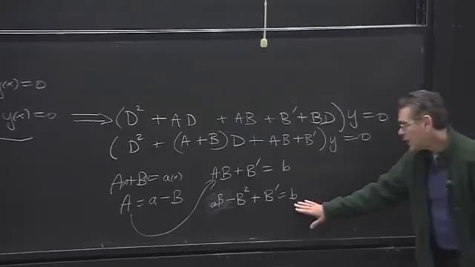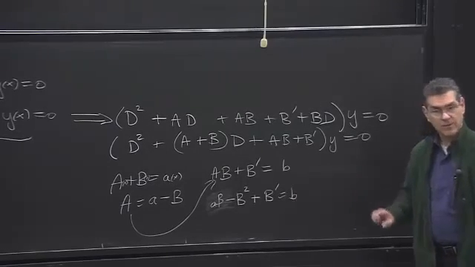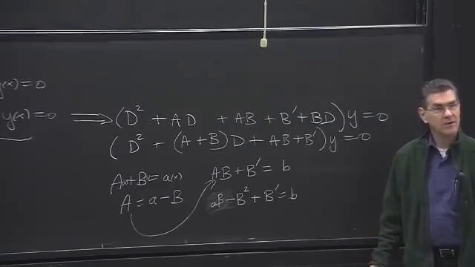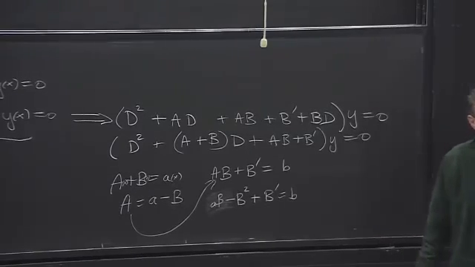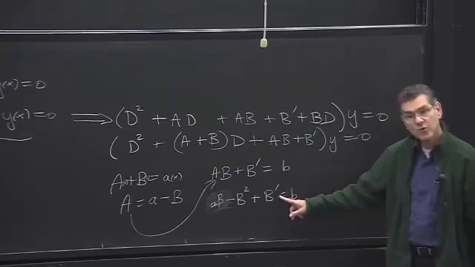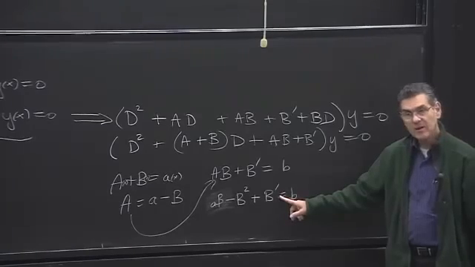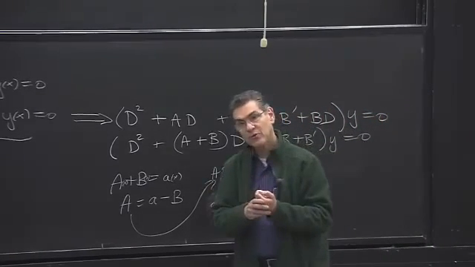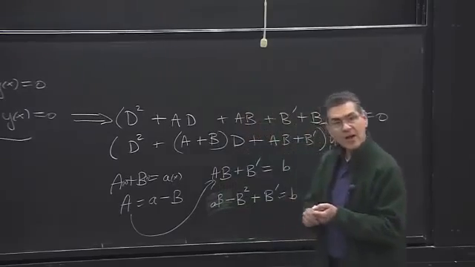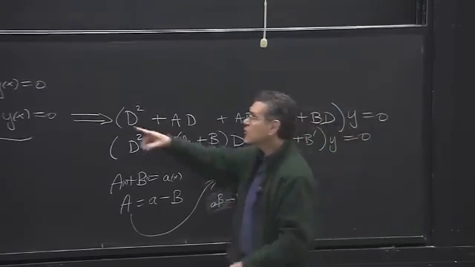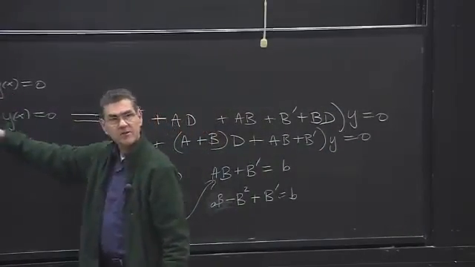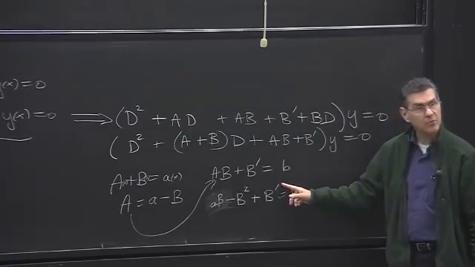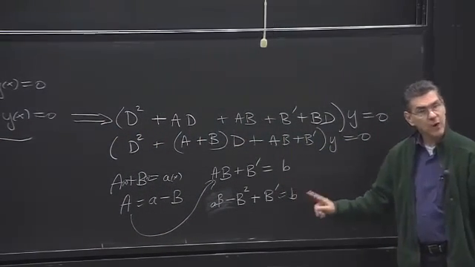So now I have one equation in one unknown. And if I can solve this equation, I'm done. And I'm really happy, because this is only a first-order equation. You see that? So this is, in some sense, a generalization of what Sarah was teaching you with reduction of order. I have reduced a second-order differential equation down to a first-order differential equation. There's only one prime here, not two primes. So I've made great progress.